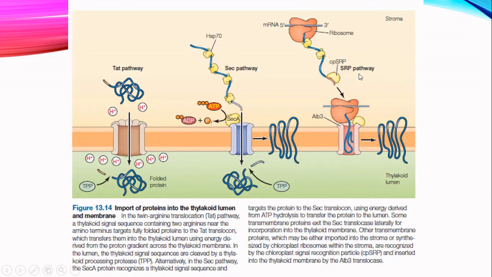So you see the difference between the TAT, SEC, and SRP pathways. What is needed is a terminal end to allow some proteins to attach and lead the way to the chloroplast. If it is not there, the protein is not for it. It may be for other organelles. So there must be recognition terminal ends.